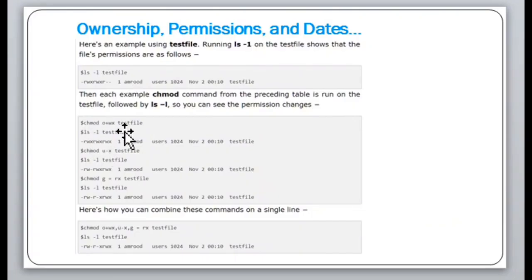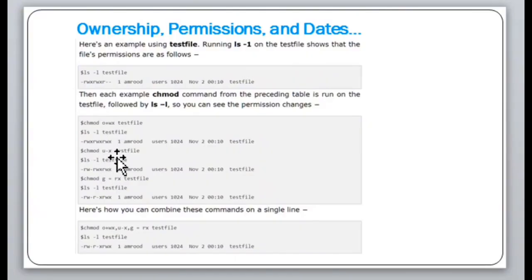Okay. So this first one here, we see chmod o, which is other, plus write and execute. And when we run ls -l again, that gives other the write and execute permissions now. Okay. So you see above it was read only, and now it's write and execute.